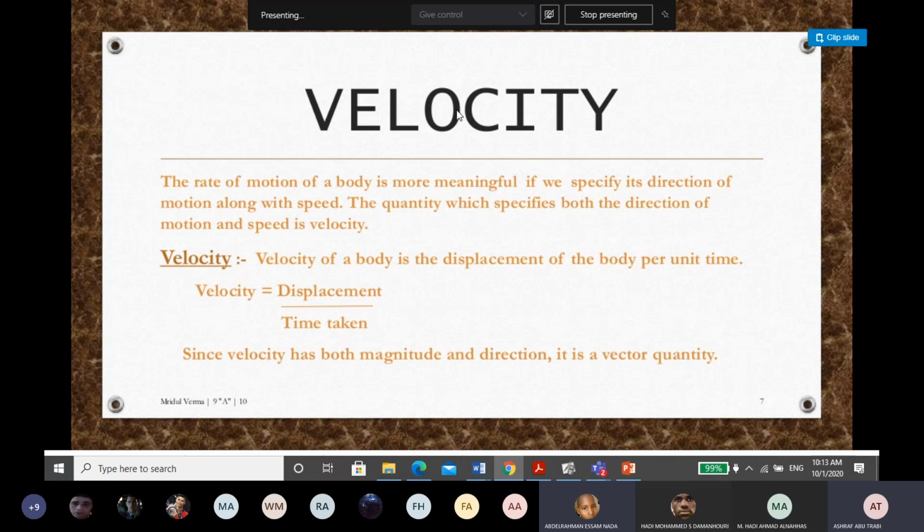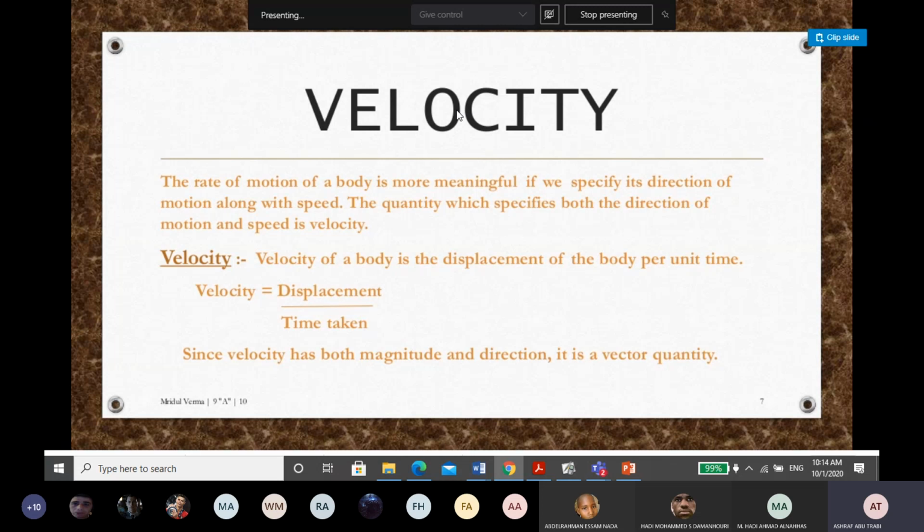So can you give an example of velocity? Yes, I will give an example now. The rate of motion of a body is more meaningful if we specify its direction of motion along with speed. So I give the speed, the scalar, the magnitude, and I also give you the direction of the moving object, so that I am giving you the velocity.